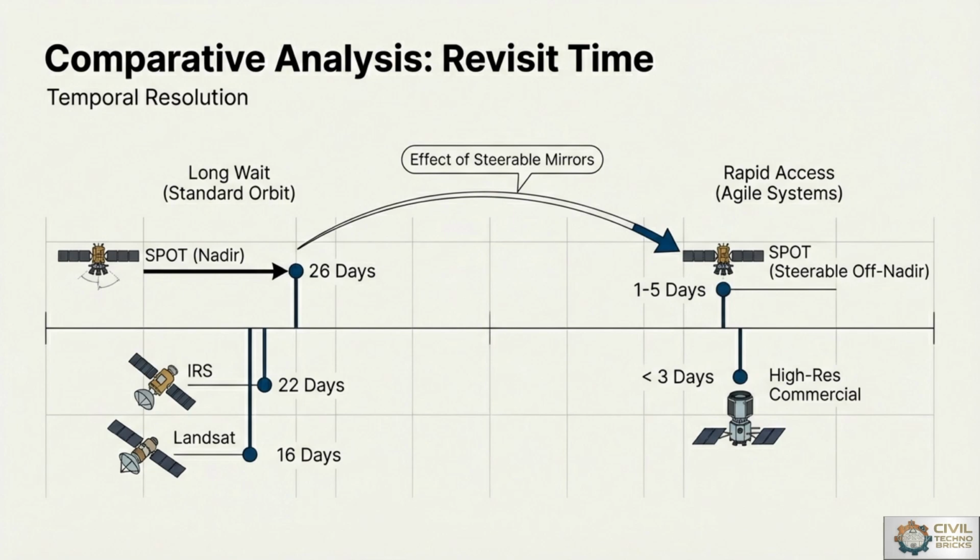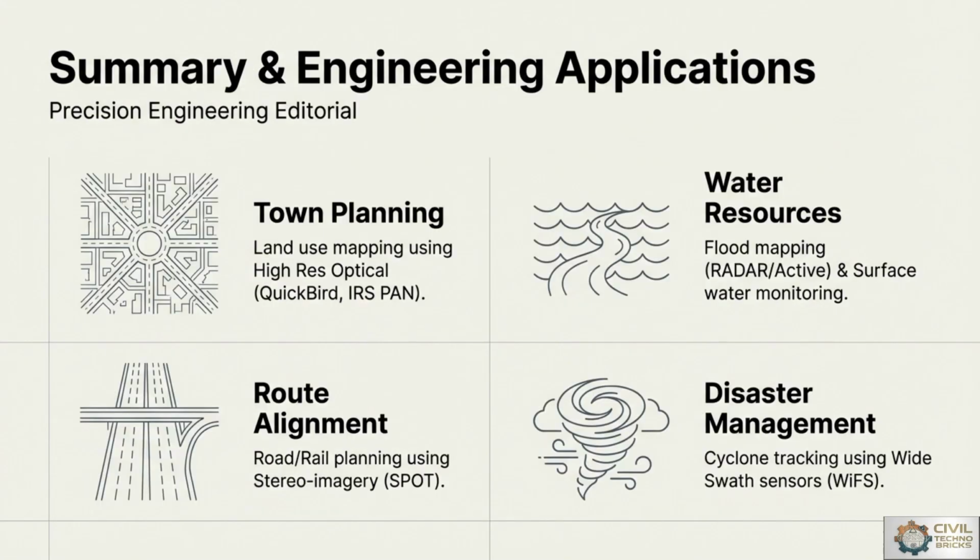We can use the analytical terms off-nadir or nadir with reference to the remote sensing system or satellite system. In the summary and engineering applications, high resolution optical sensors support town planning, land use mapping, and urban infrastructural development.